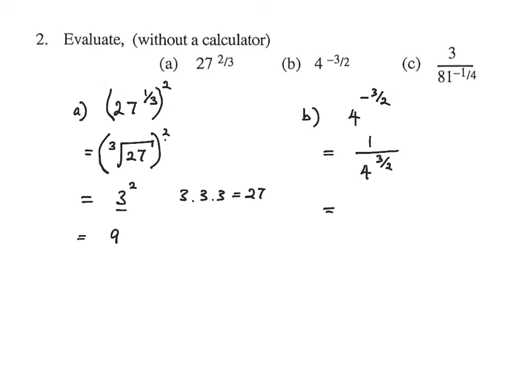I'm going to break that power down, so it's 4 to the power of 1/2 all to the power of 3. 4 to the power of 1/2 is the square root of 4. And the square root of 4 is 2. And don't forget the power of 3 there. So the bracket gives us a 2, and it's 2 to the power of 3, which is 1 over 8.